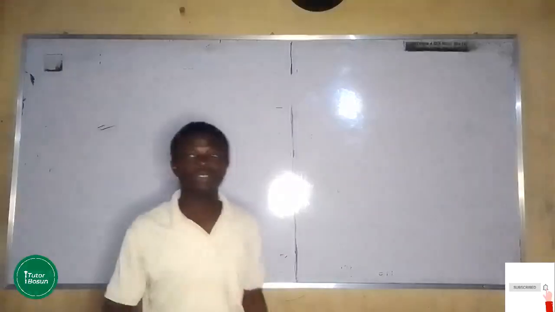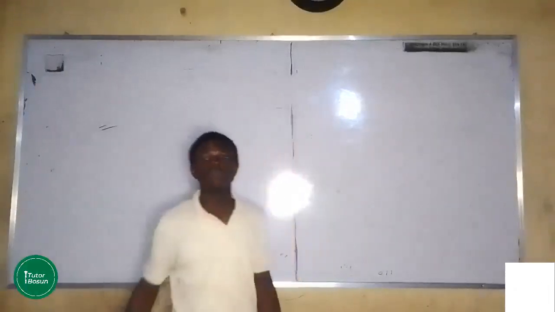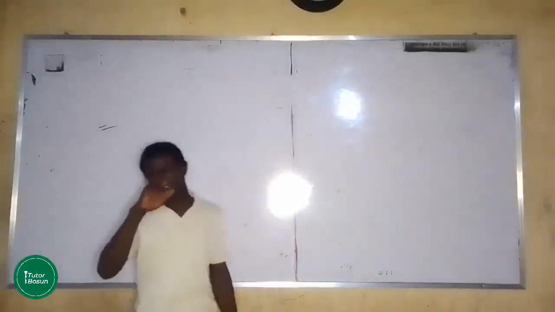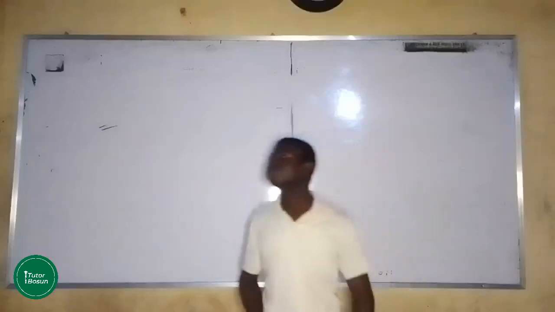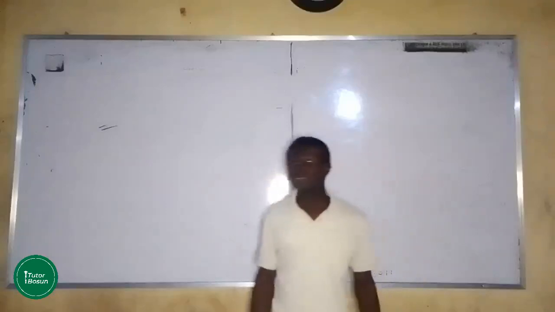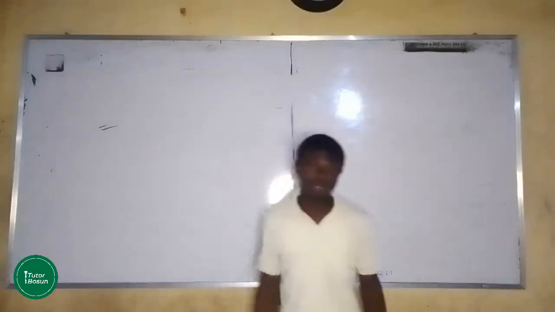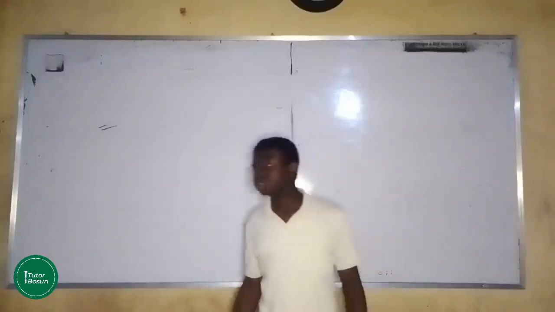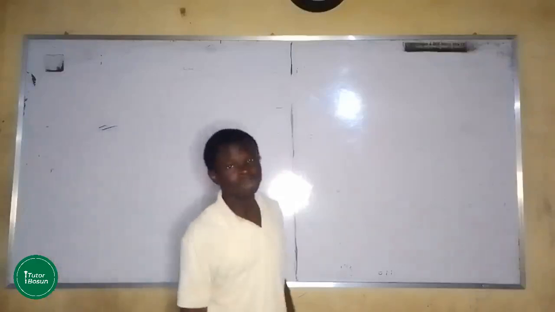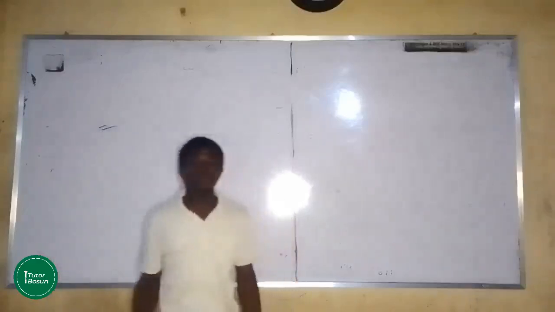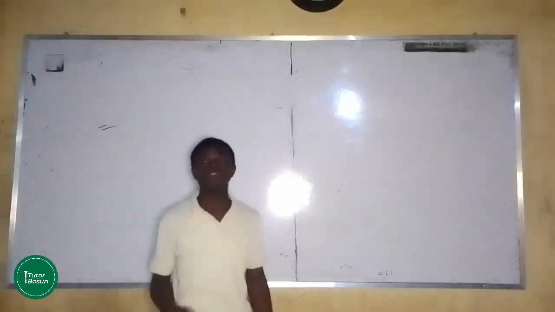Hello viewers, in this lesson we will be discussing another important aspect of probability distribution, which involves mathematical expectation. You can be asked to calculate the expected value of a random variable, and the random variable can either be a discrete random variable or a continuous random variable.